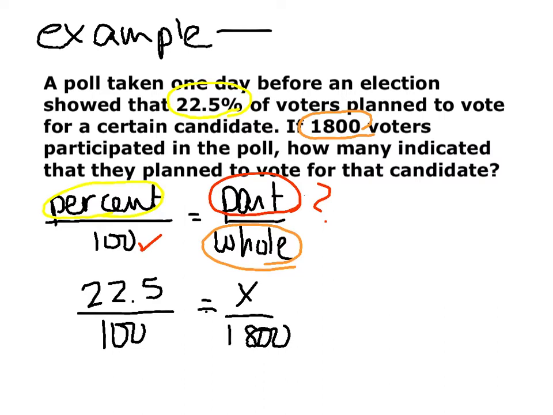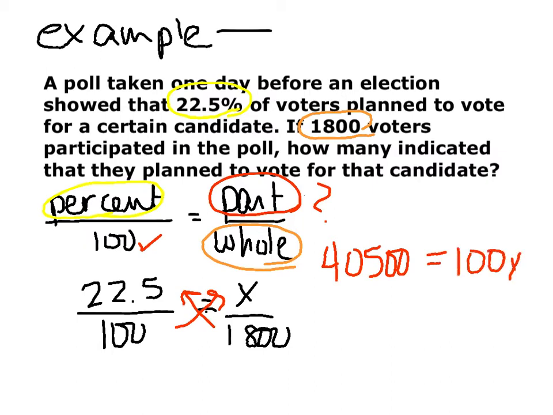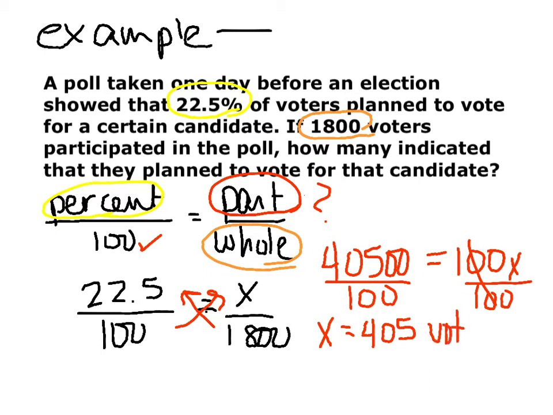Do some cross multiplying. You're left with 40,500 equals 100x. Solve for x. x equals 405 voters planned on voting for the candidate.